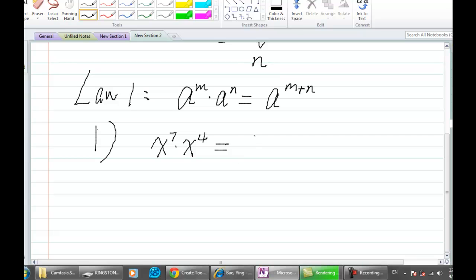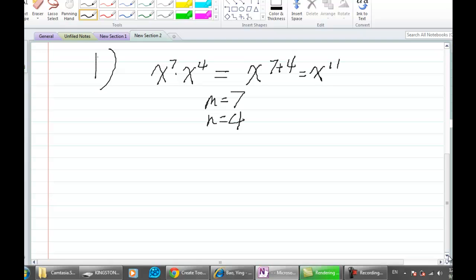Here, let's compare law 1 and this example. Since we have m equals 7 and n equals 4, we can get the result by using law 1: x to the product 7 plus 4, that is x to the 11th power.